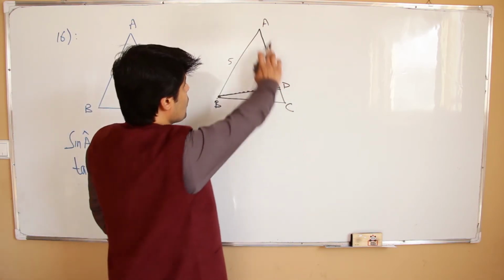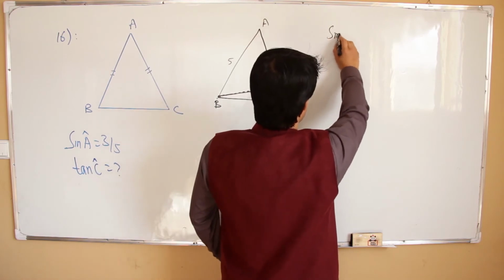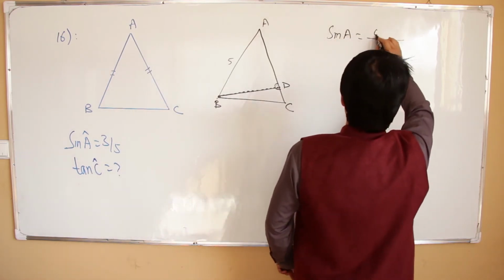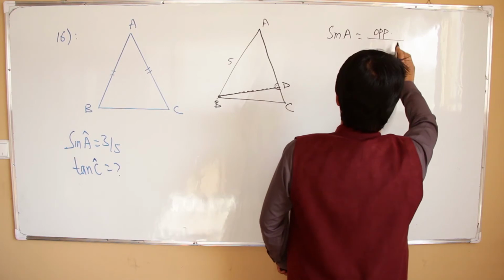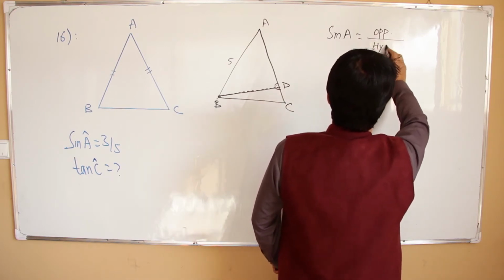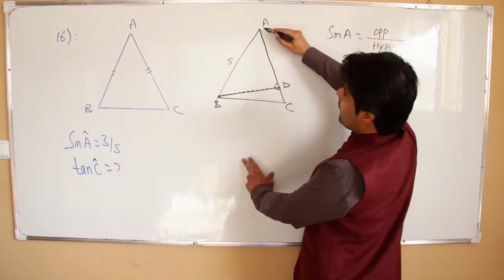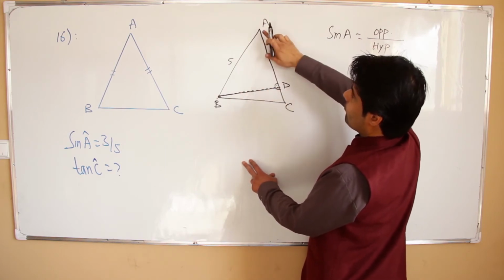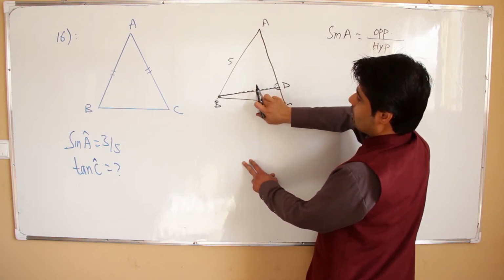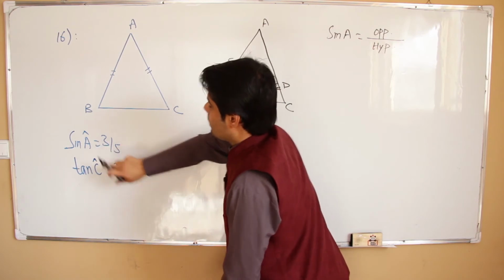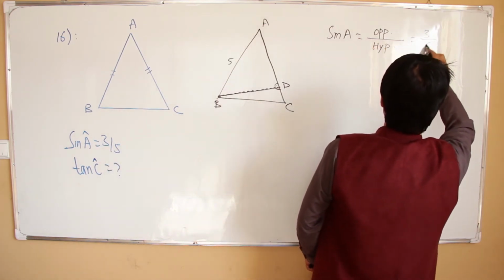Yes. Now, what is sine A? Sine A is opposite divided by hypotenuse. Am I right? For A, this is our opposite. So it should be what? 3. 3 by 5.